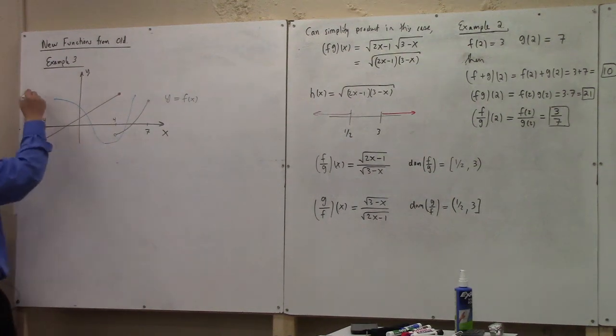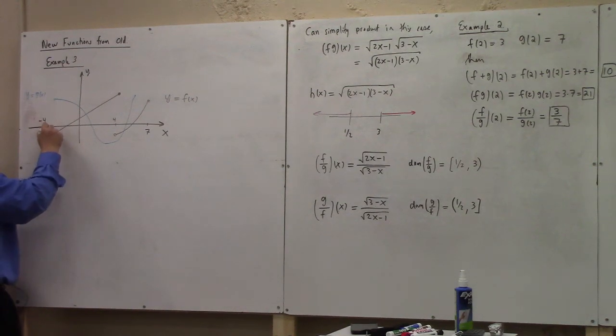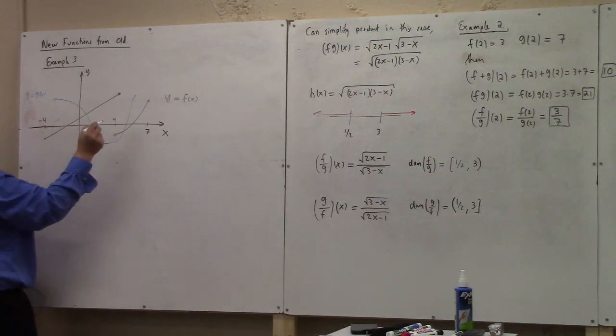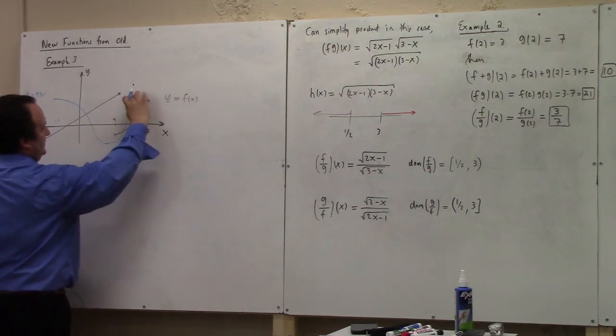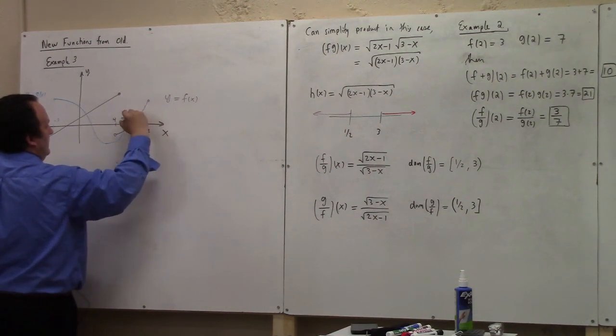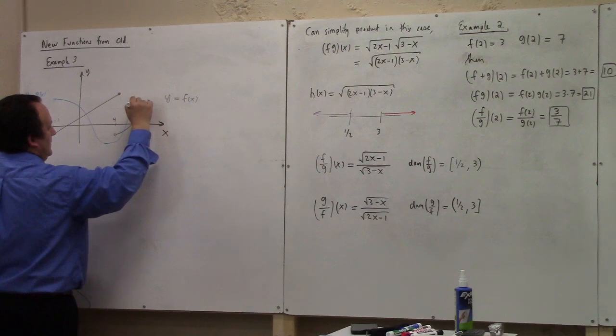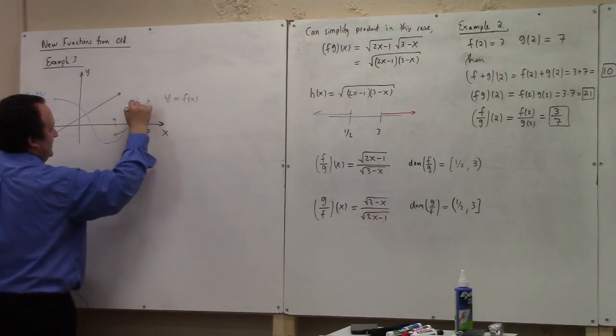There we go, y equals g of x. And so g is going from minus 3, not included, all the way over here to this point, which we'll say is at 6.